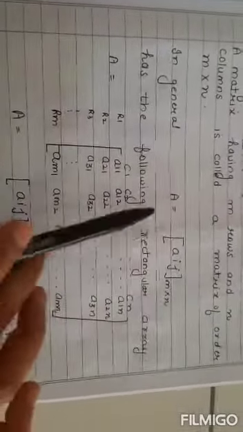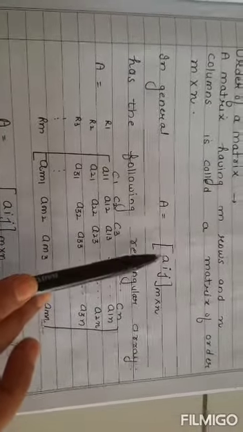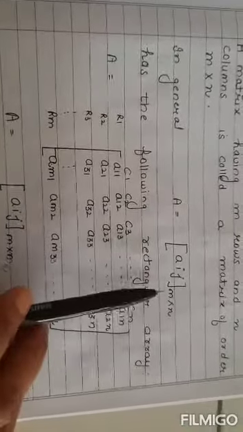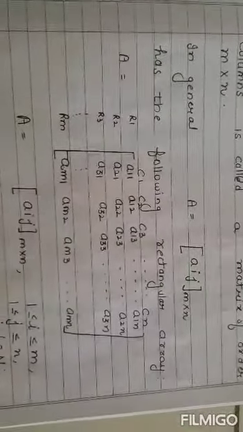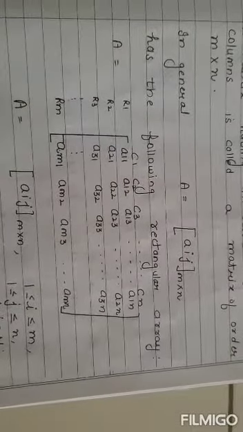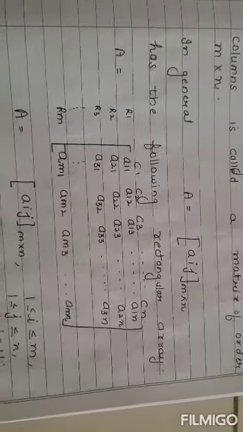Now the general representation, or the general array, of any matrix. Suppose you have the matrix A. This is Aij, the name of the element, whose order is m by n. Now the order m by n means the number of rows is m and the number of columns is n.